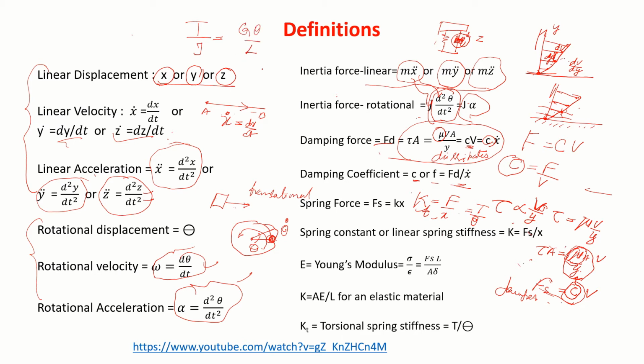Correct? Torque equation. So here T by theta is equal to GJ by L. This is what I can call KT, torsional stiffness.